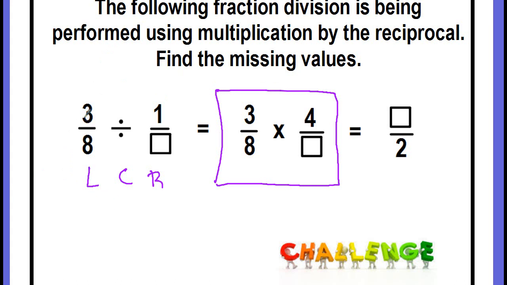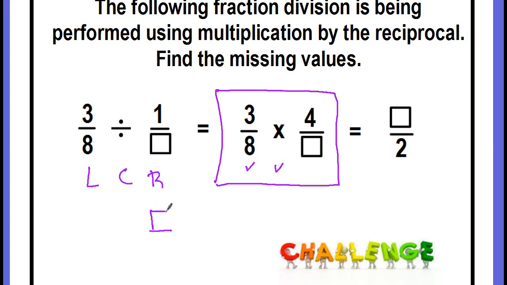If we're going to do LCR, we're going to leave the first fraction alone. Okay, so we've done that. We're going to change the division to multiplication. That's been done. And then we're going to flip this fraction and write its reciprocal. So right now it's 1 over something we don't know, 1 over a box.